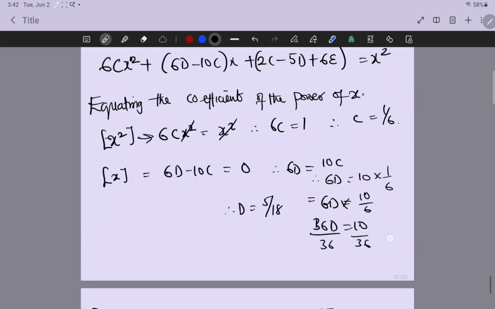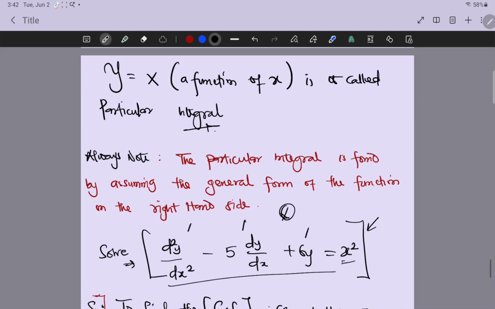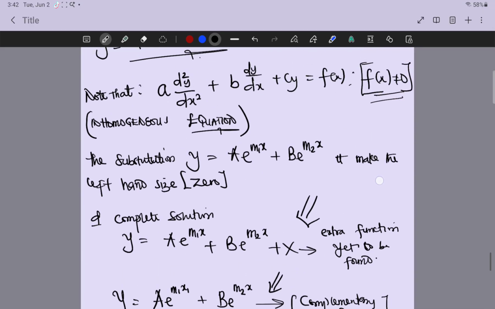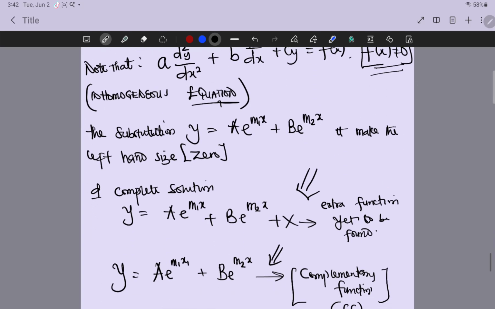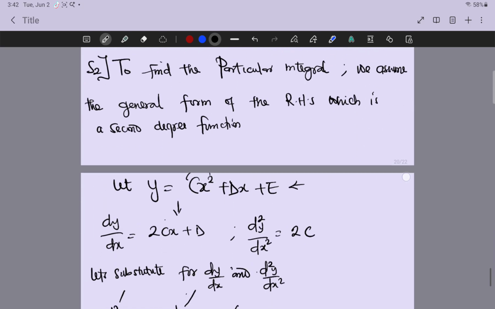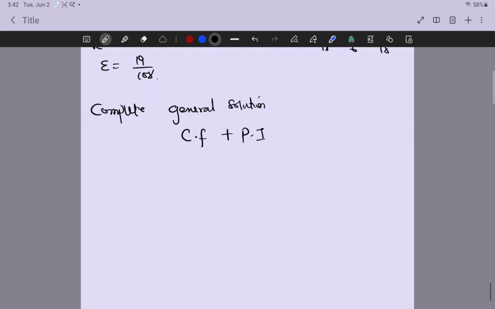Anytime we are solving a question that is inhomogeneous, like I said, this is where we started from, to get your general solution, you are going to add the complementary function plus the particular integral. Where I wrote PI means particular integral, CF means complementary function. Is that clear?